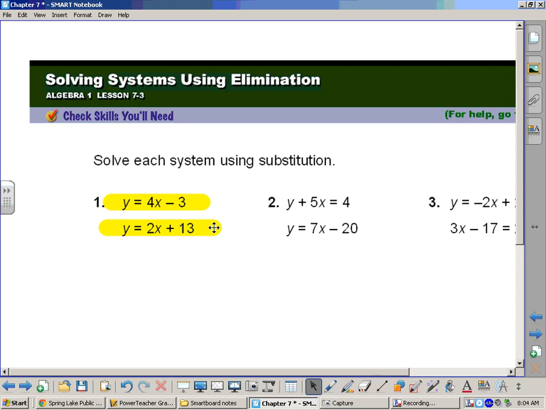I want you to come to class with a solution to that system. Now I'm giving you one in y equals mx plus b, so you don't have to move things around. But do understand in class you'll have to move some things around. So if you would, come to class with those two problems solved for x and y, and we will go over this in class.